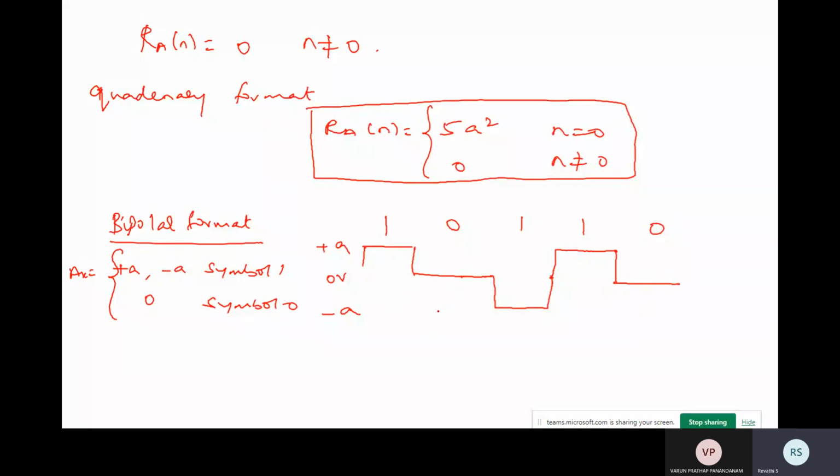But when you are concentrating on two different intervals at any location other than adjacent, you may have plus a with 0, plus a with minus a, or 0 with plus a, 0 with minus a, or minus a with plus a, minus a with 0, minus a with minus a, plus a with plus a, 0 with 0. Any combination you may have.